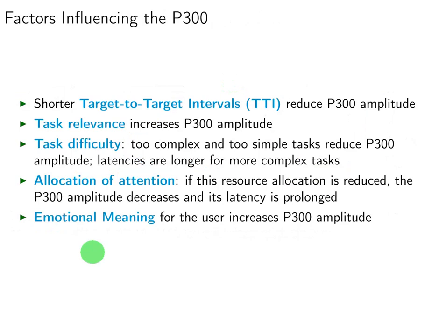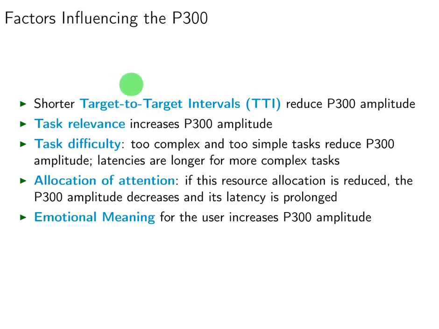Nonetheless, there are factors influencing the P300 waveform. Okay, so in order to be able to obtain features that represent standard versus deviant, they should be separable strongly in terms of some amplitude features or some frequency features. So what has research shown to us is that the shorter target to target intervals, we refer to them as TTI.